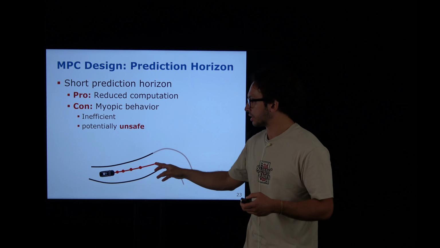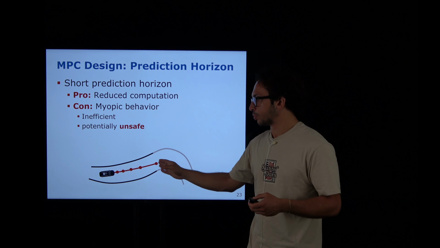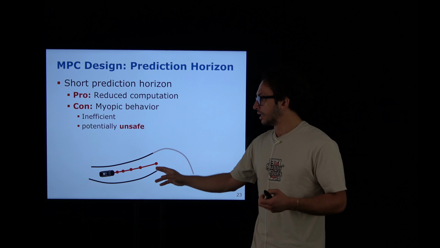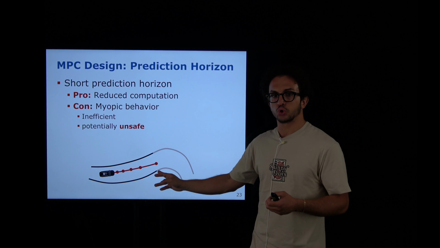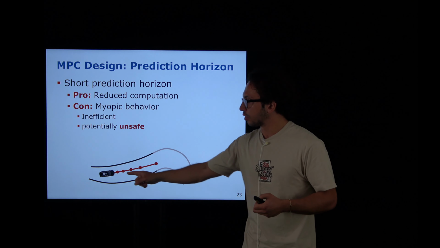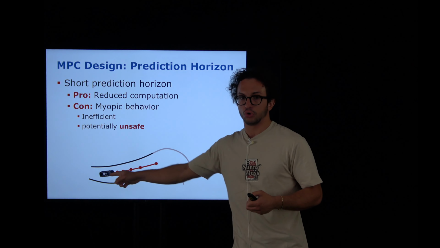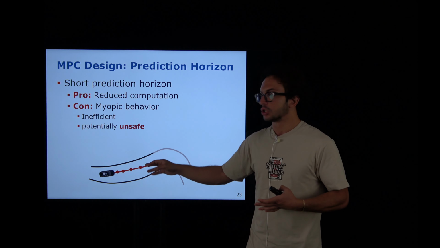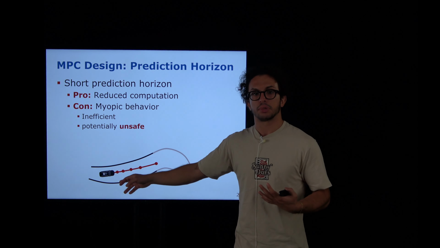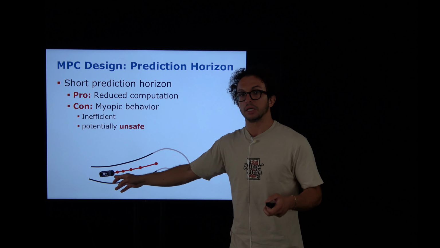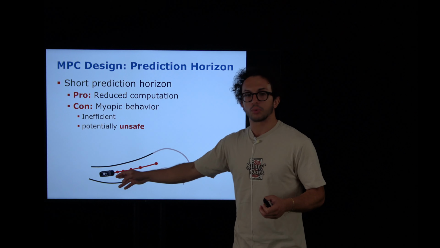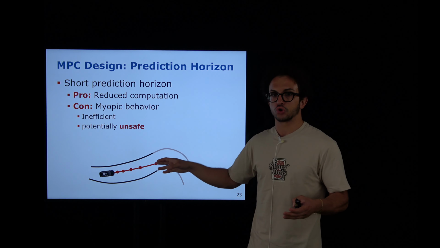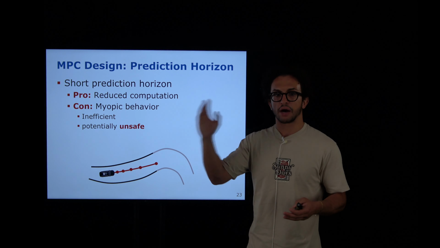For example, here there's a curve, so you are supposed to turn at some point, but if you have a prediction horizon which is too short, once you solve the problem in this step, you don't know yet that you are going to turn eventually. This induces a myopic behavior, because then maybe the car will just be controlled in such a way that, okay, we have to go forward.